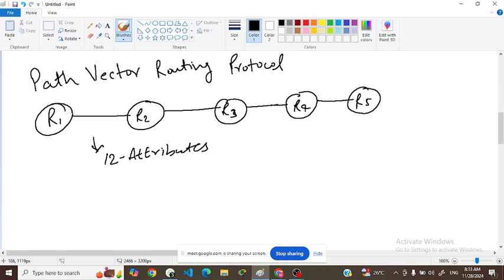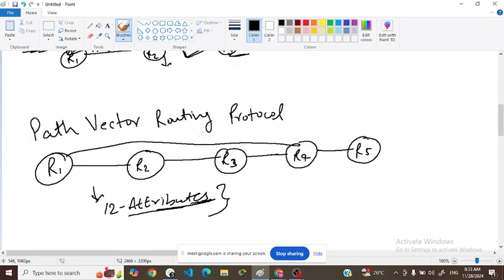So R5 will share all the information to R1 about the entire path. If a second path is available also, then it will share the information about the second path also. Which attributes are used on this path, this information will be shared.